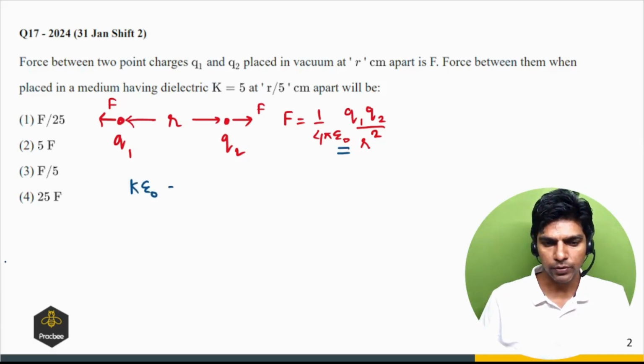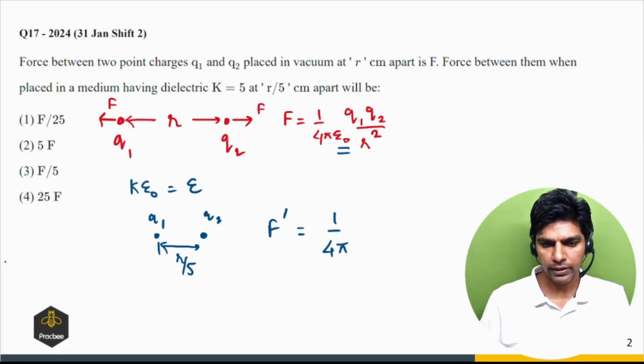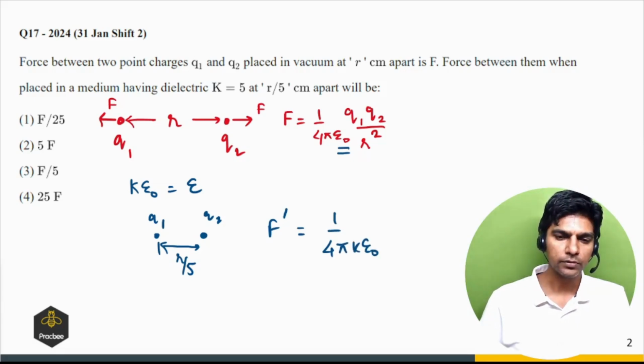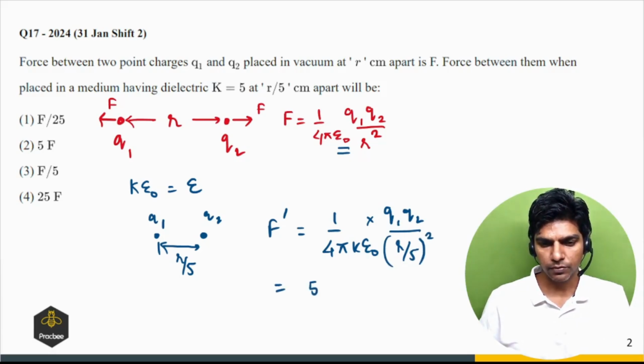That is the new permittivity. And now we have reduced the distance also. Now this distance has become r by 5. So we can say the new force will be 1 upon 4 pi K epsilon naught times Q1 Q2 divided by r by 5, whole square. And this can also be written as 5 square divided by K times F.